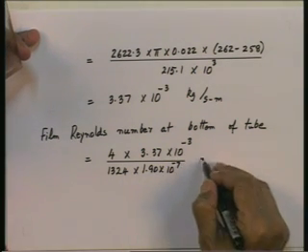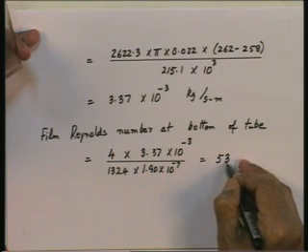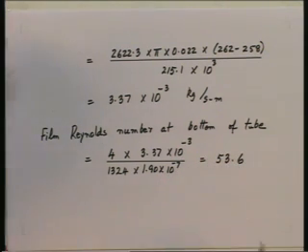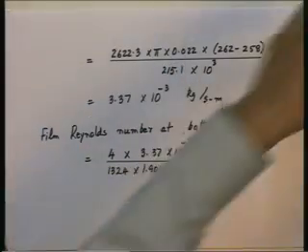So, this comes out to be 53.6. So, the film Reynolds number at the bottom of the tube is 53.6.